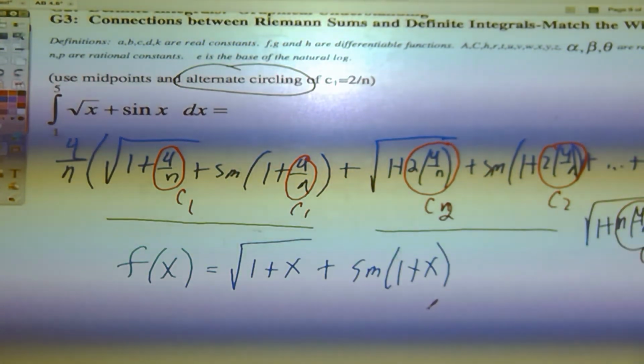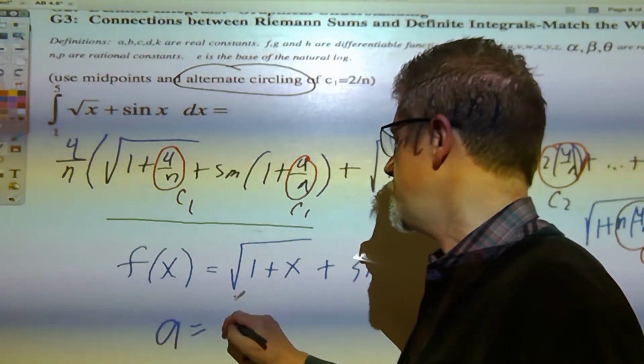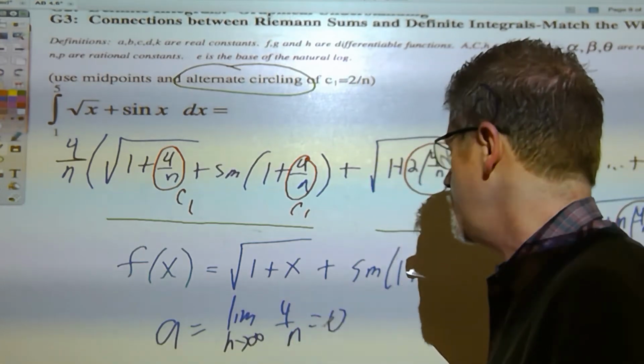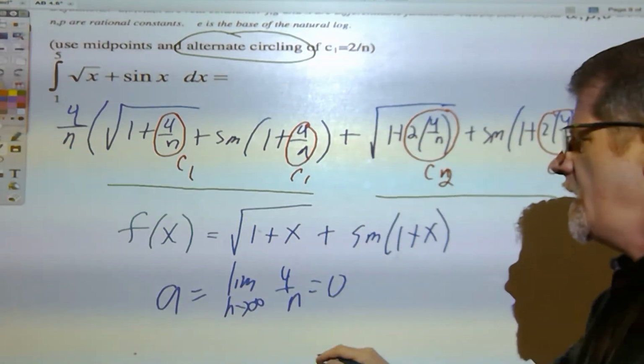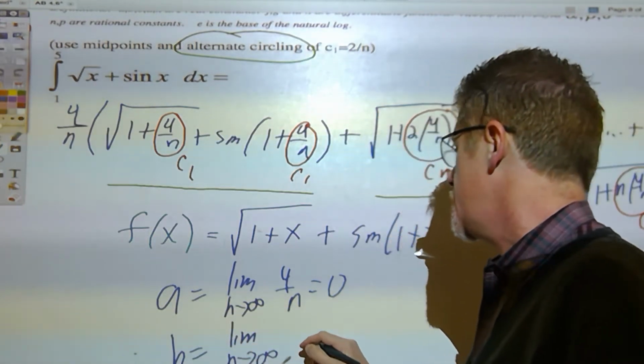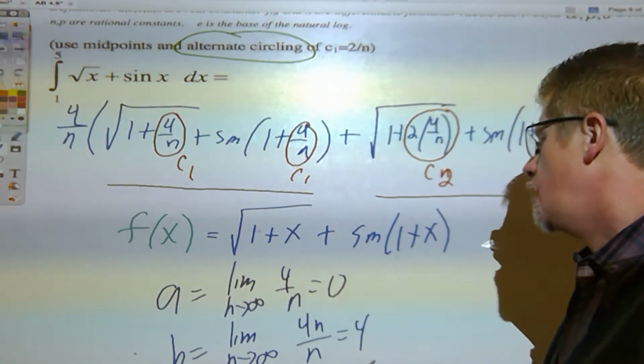So this is an alternate way of doing it, in which case A would be the limit as n approaches infinity of 4 over n, which is 0. And B would be the limit as n approaches infinity of 4n over n, which is 4.